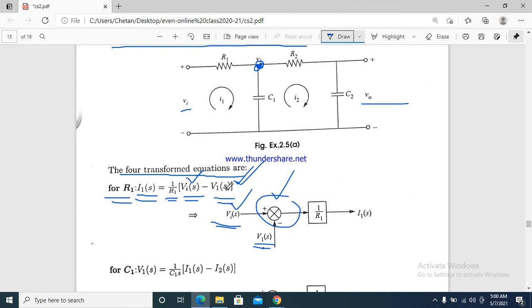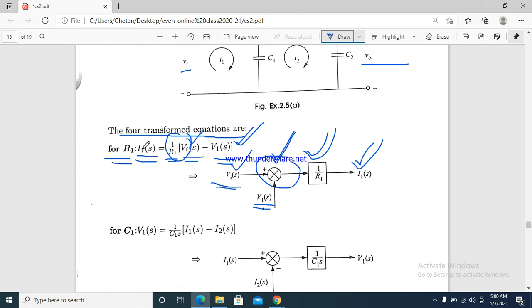Vi of S minus V1 of S we get from this summing element, like a subtraction. This value is multiplied by 1 by R, and finally we get I of S. This is your result, I of S.